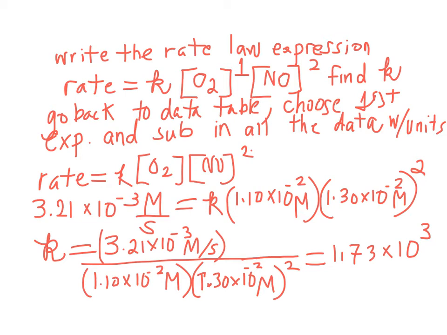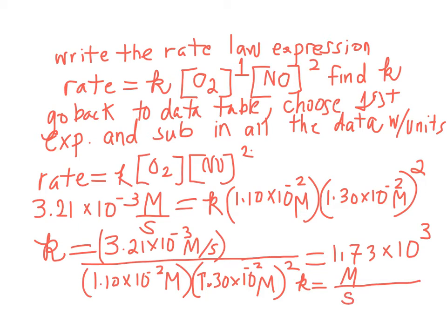Now you have to figure out the units. The rate constant units are kind of a big deal, so we're going to focus on the units and write them out. We know K is equal to molar per second.